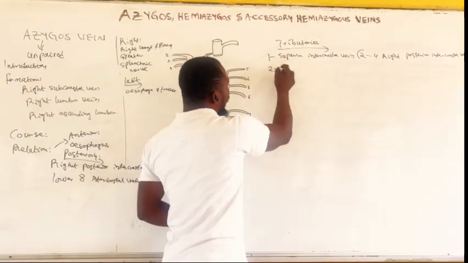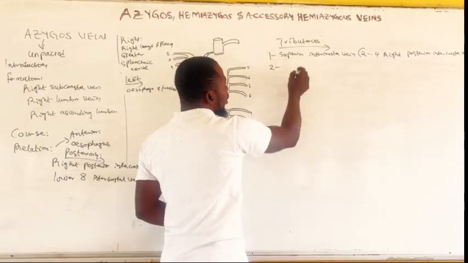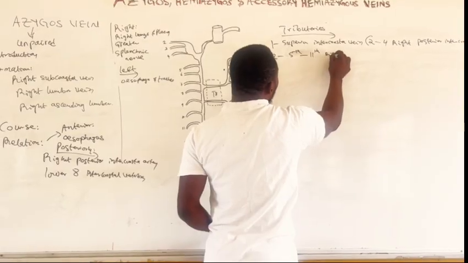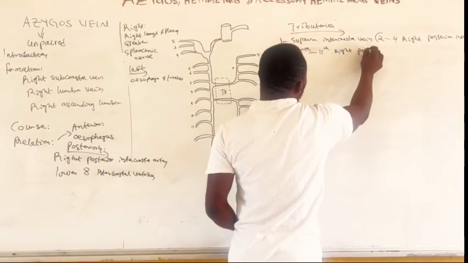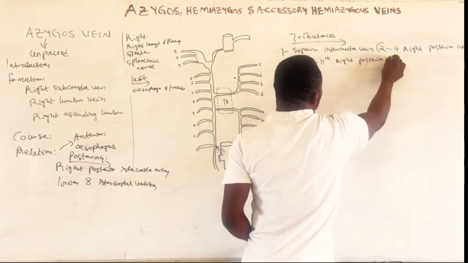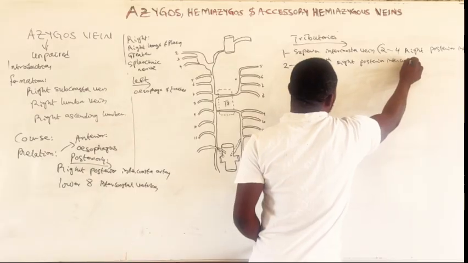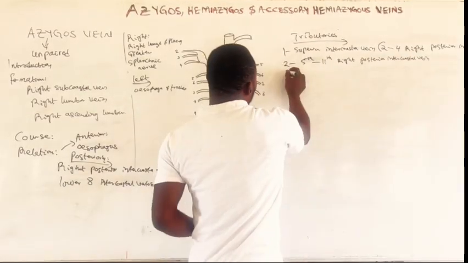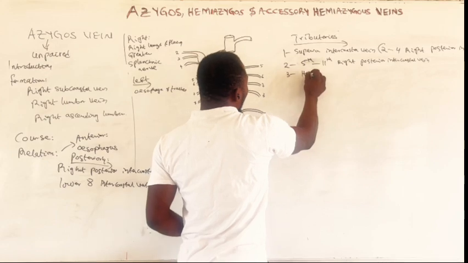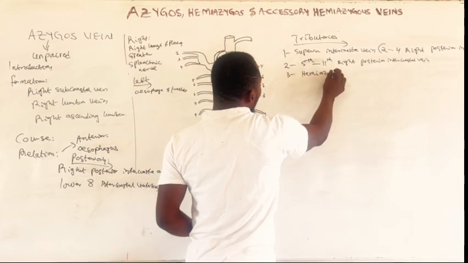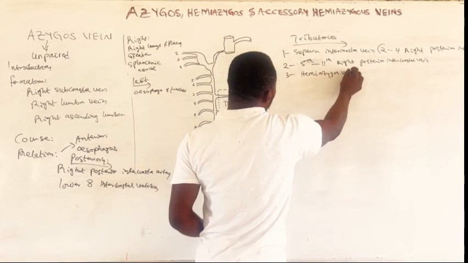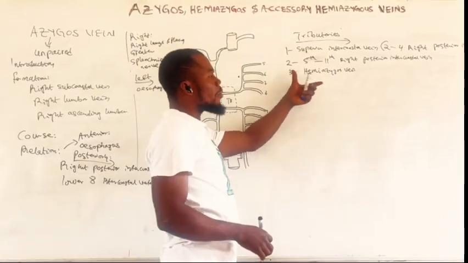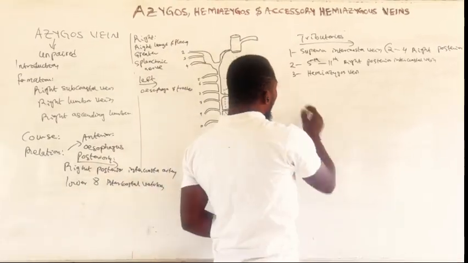Another tributary of the azygos vein is the 5th to 11th right posterior intercostal veins. There is Hemiazygos vein as the tributary of Azygos vein at the level of the lower border of 8th thoracic vertebra.